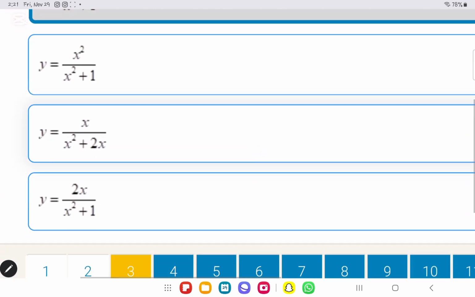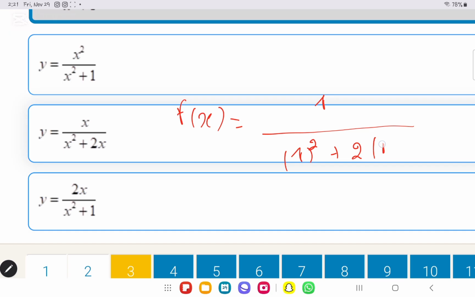Now, moving on, we have this over here. So very simply what we need to do is substitute. So f(x) is equal to 1 over 1 squared plus 2 times 1. This gives us 1 over 3.